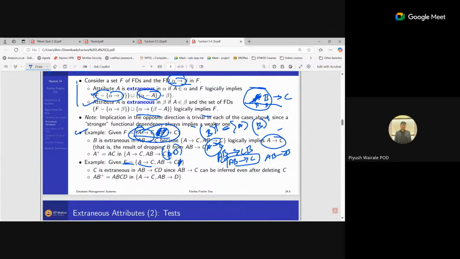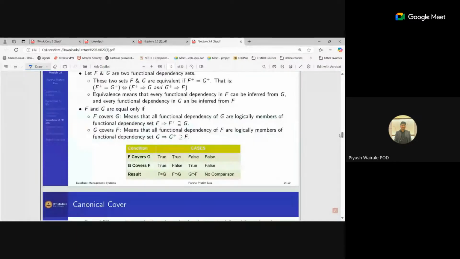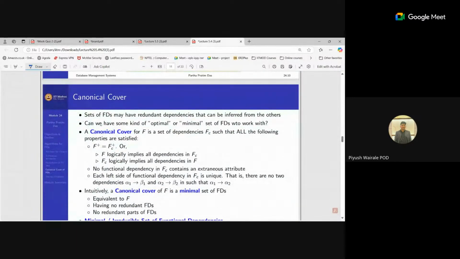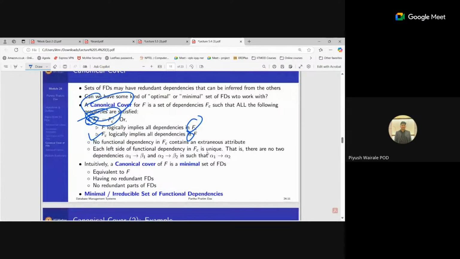But anyway, we are doing this process for finding the canonical cover. Here you can see F logically implies all dependencies in FC. Similarly, FC implies F, then we can say it is equivalent. It is a minimal set of FDs equivalent to F, with no redundant FD and no redundant part of an FD. So for these two, we are checking the extraneous attribute. That's it.